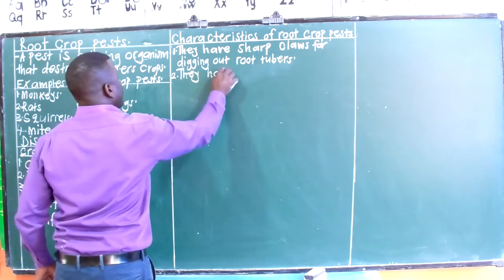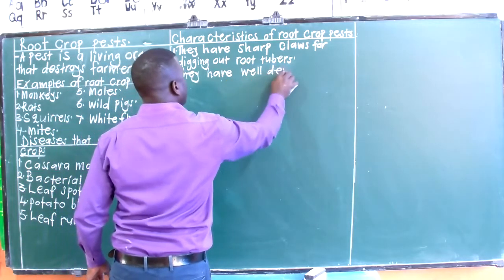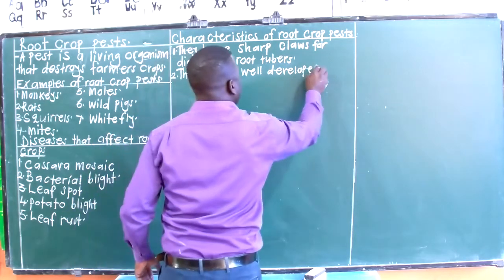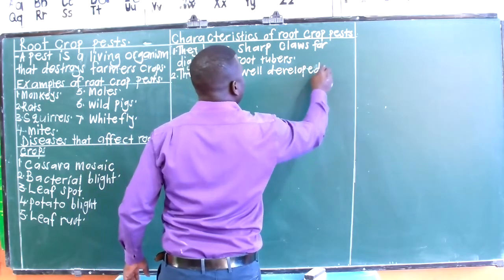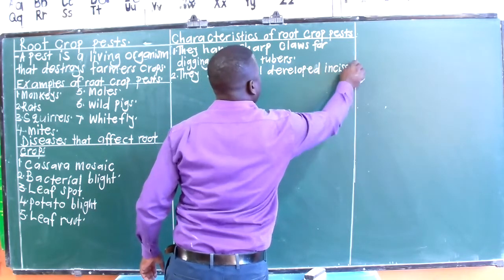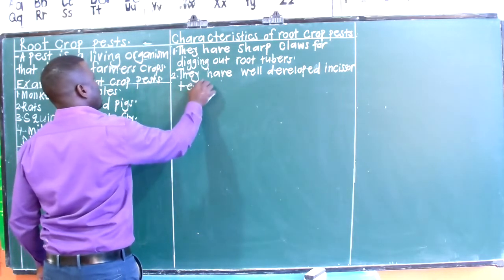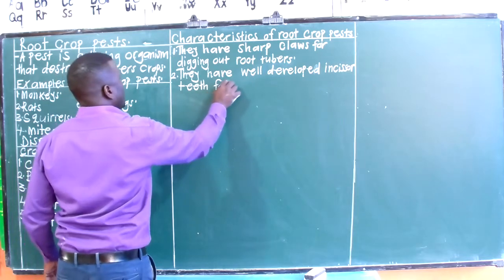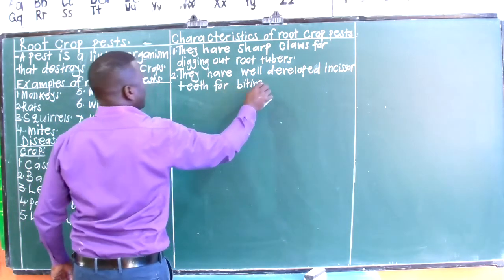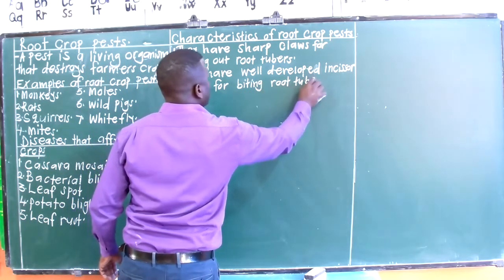They have well-developed incisor teeth for biting root crops or root tubers.